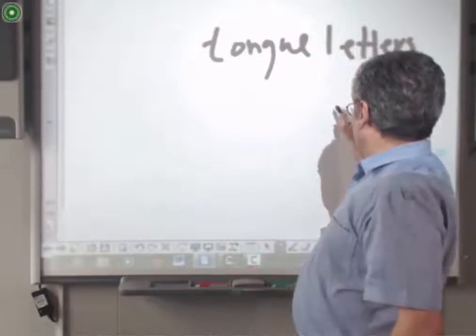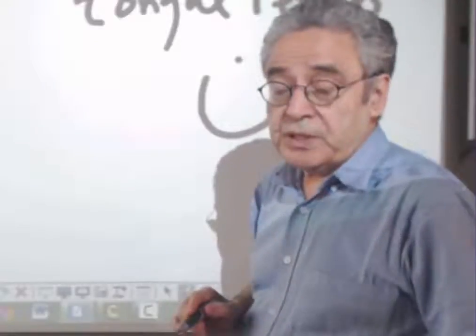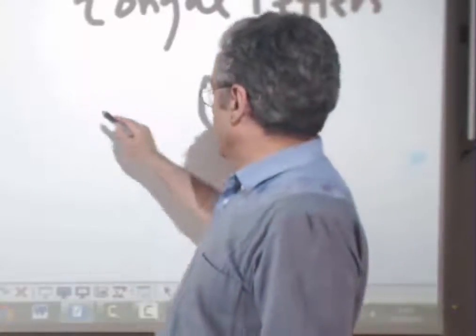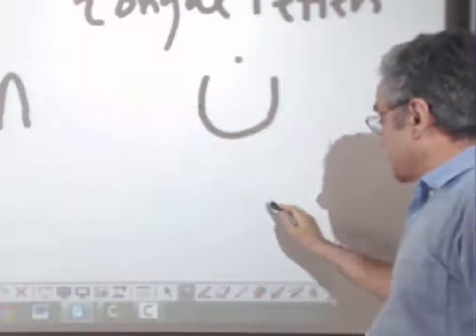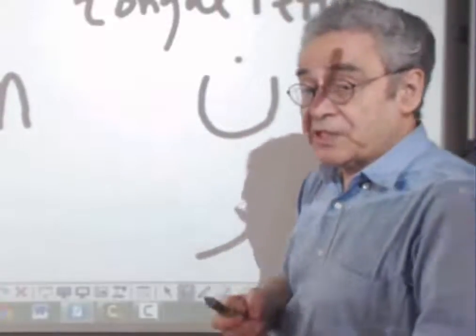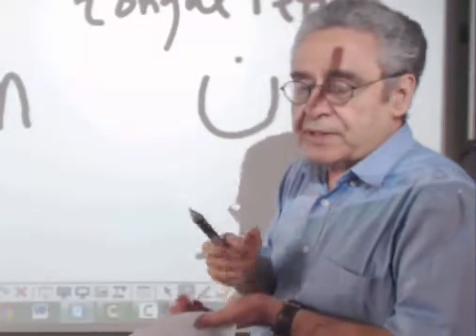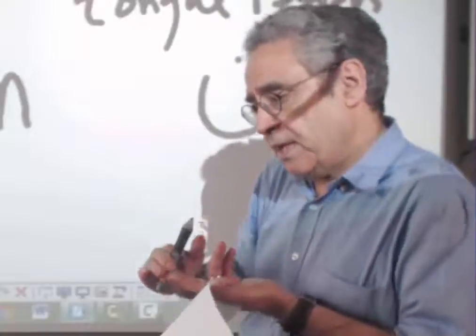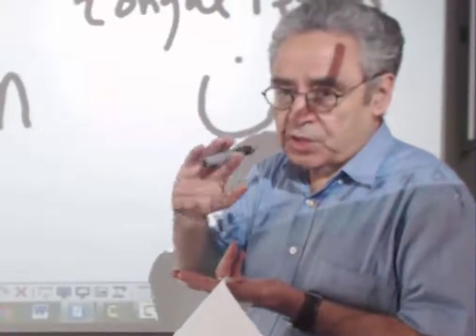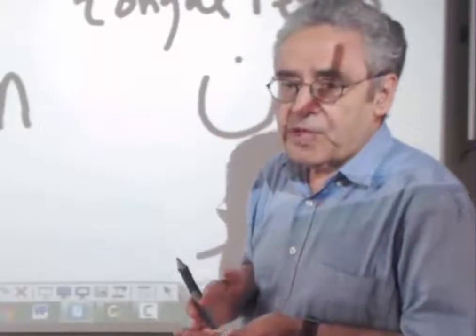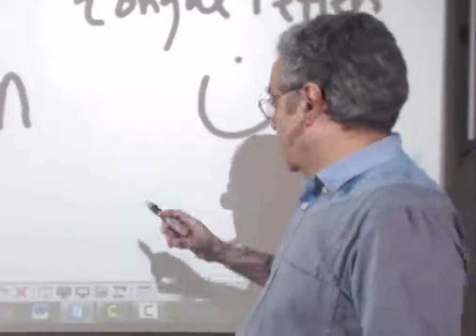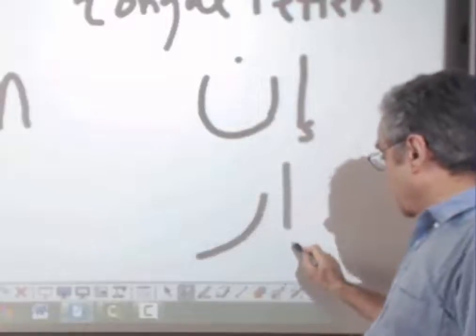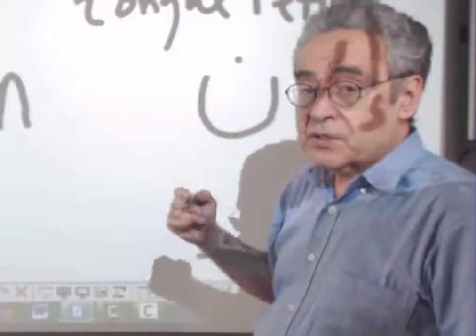Say it with me. Noon, noon, noon. So noon is equivalent to n. And this is the last one. We have to make sure that we roll our tongue and make the underside of the tip of the tongue touch the palate of the mouth, and say ra, ra. You can hear it.